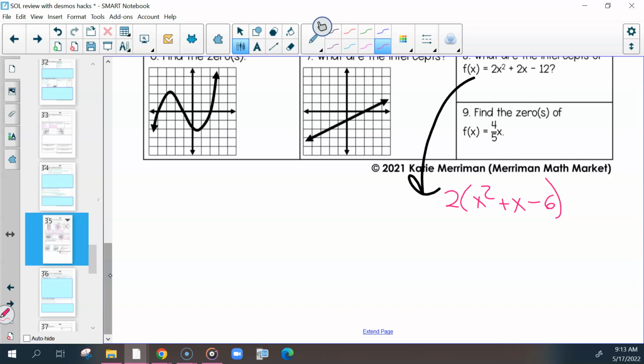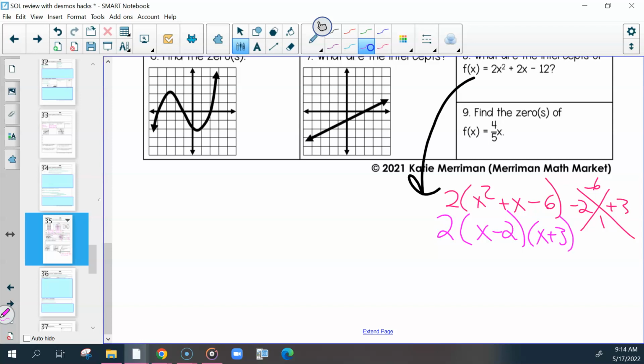So this would be 2 numbers that multiply to be -6, so that would be -2 and +3. So 2 and then x minus 2, x plus 3.